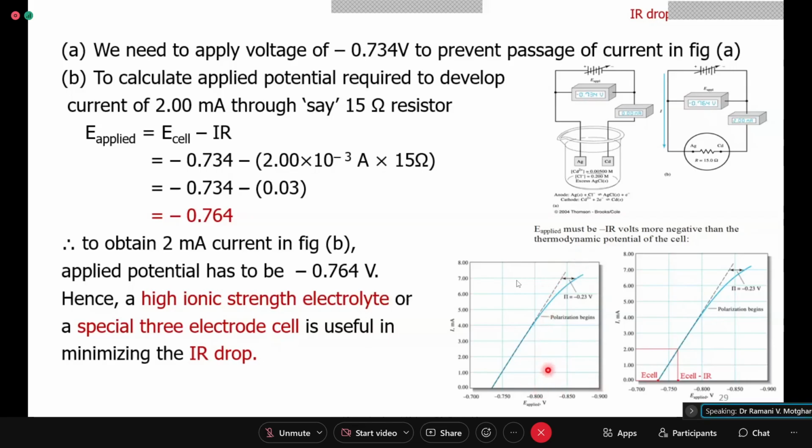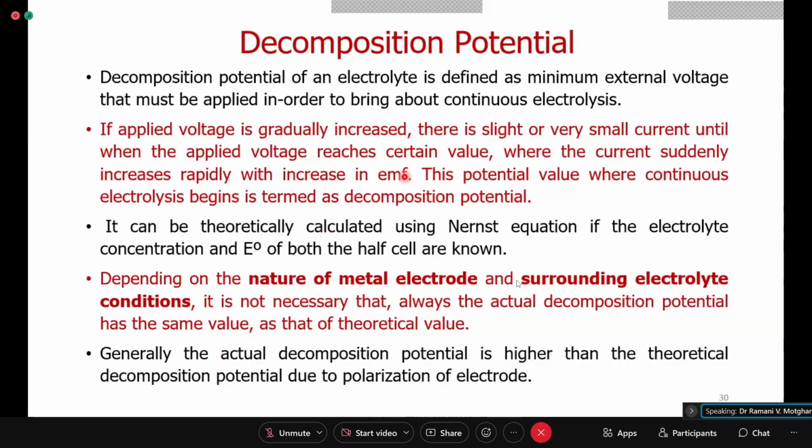So your decomposition potential is the potential value beyond which you get continuous electrolysis or copious evolution of gas. After overcoming the polarization and over voltage, you get the decomposition potential.